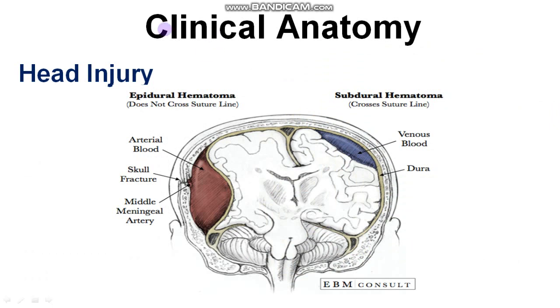Clinical anatomy. In the clinical anatomy, first we talk regarding head injury. Head injury is often encountered in cases of RTA, road traffic accident. In a road traffic accident, head injuries happen, so there is a collection of blood, which is known as hematoma.